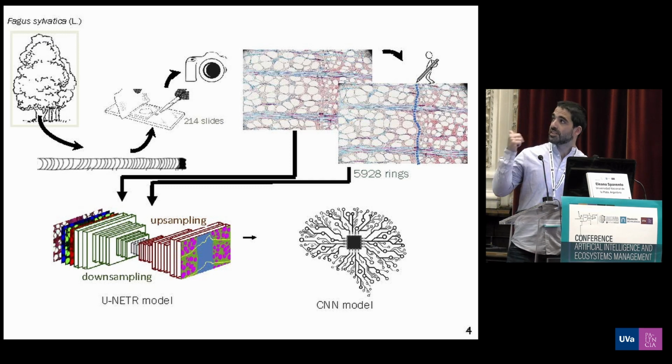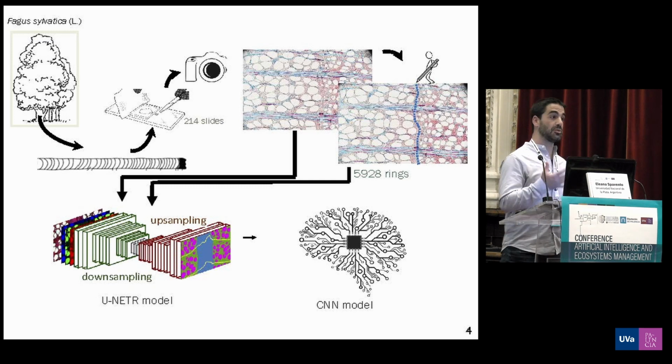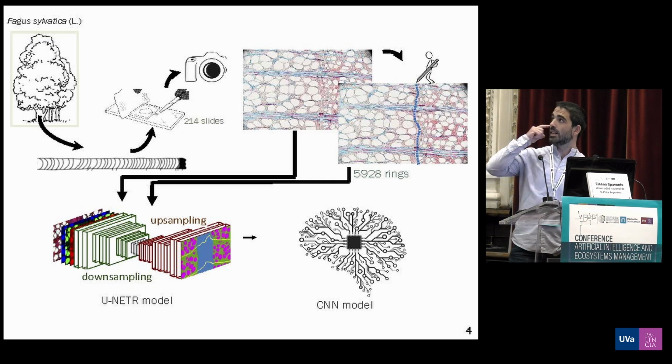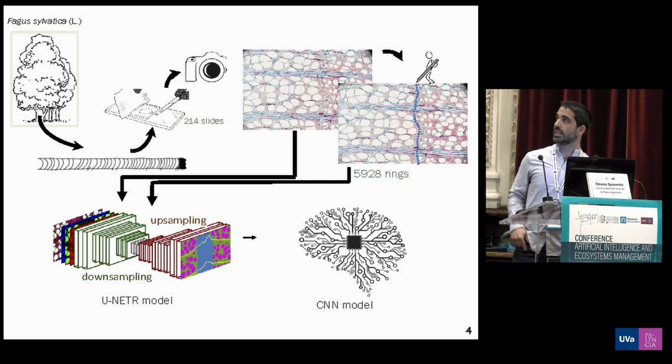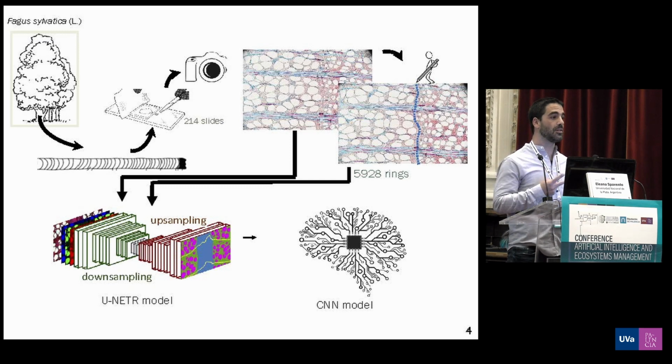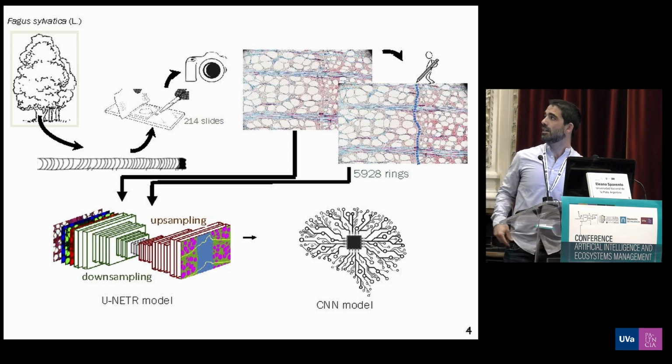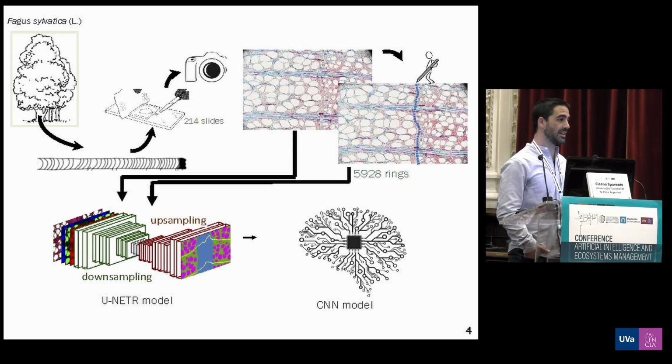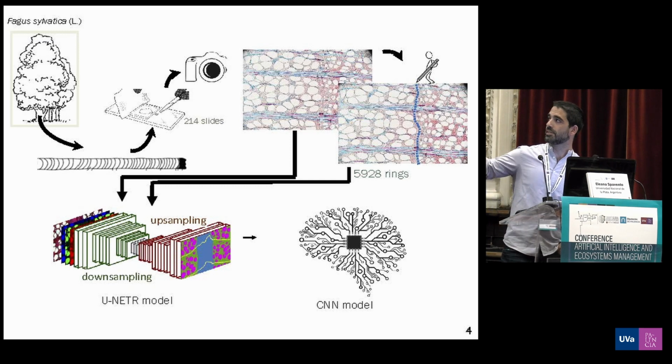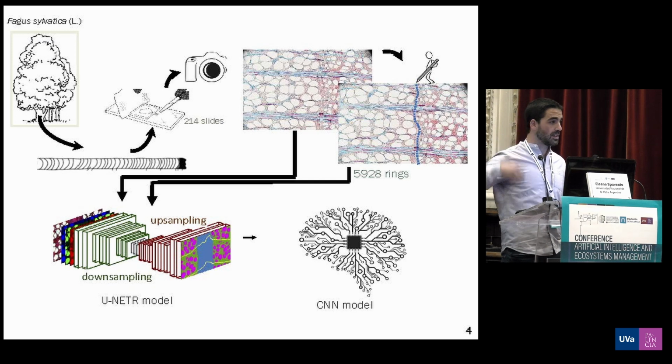So for this second approach to detect the rings automatically, we got 214 slides, which were tagged by 2 different users to improve the variability of the data, and we got almost 6,000 rings delimited.